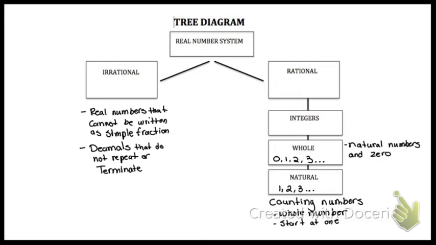Okay, now the next category going up is integers. An integer is considered to be a positive number and its opposite. The opposite of a positive is negative. So integers are positive and negative whole numbers.